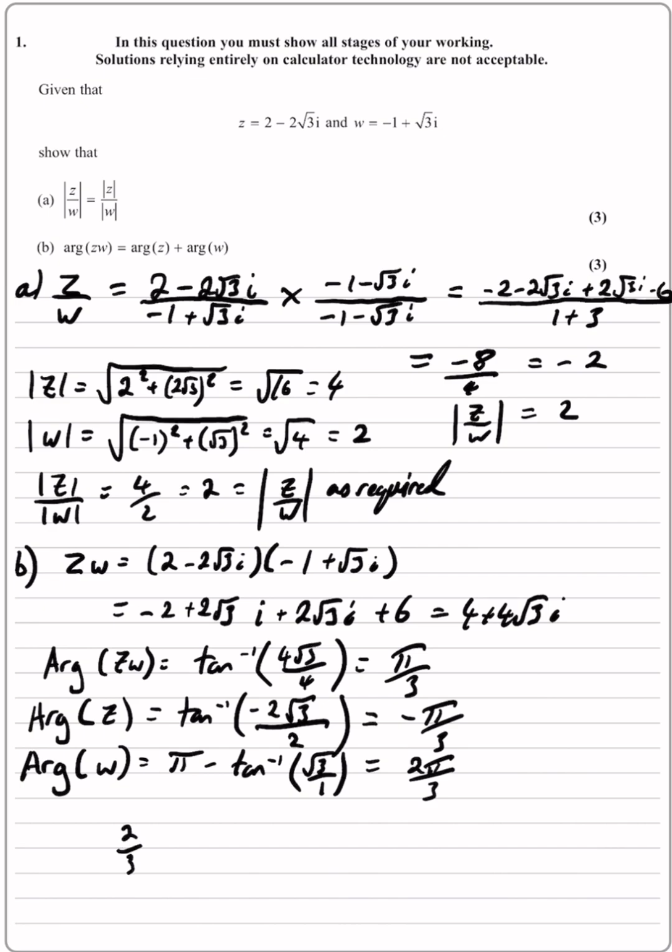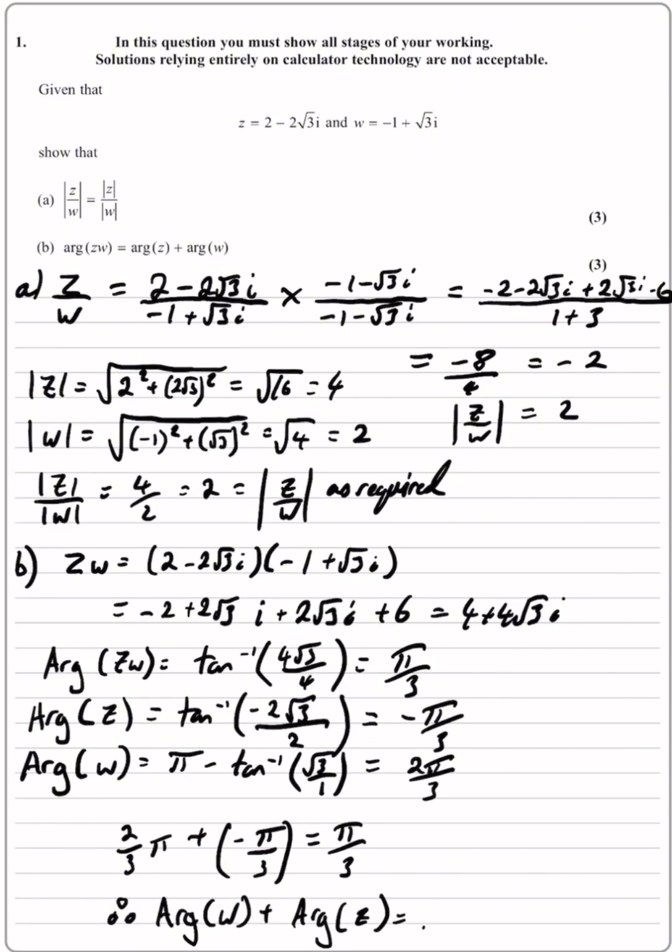So it's pi subtract inverse tan of root 3 over 1, which is 2 pi over 3. And if we add together the arguments of w and z, we do indeed get the argument of wz. And that's question number 1.